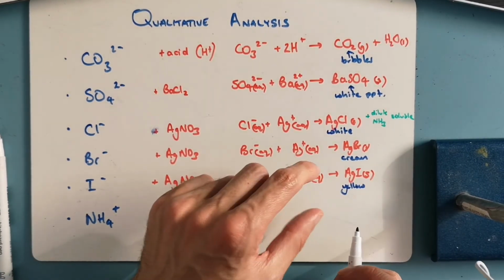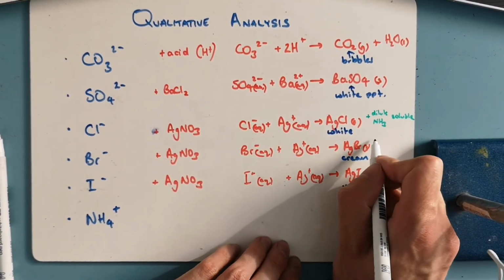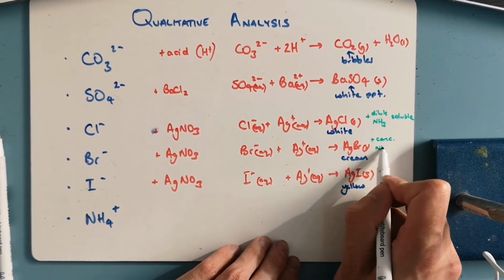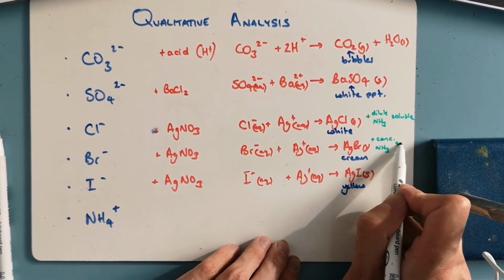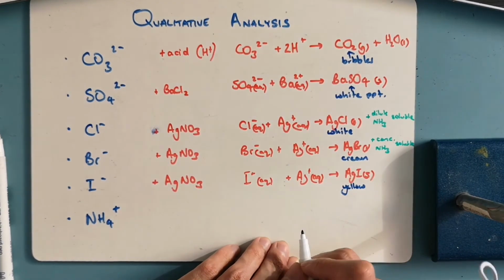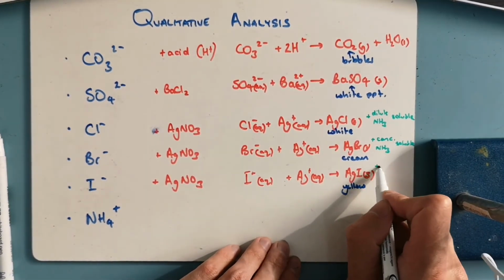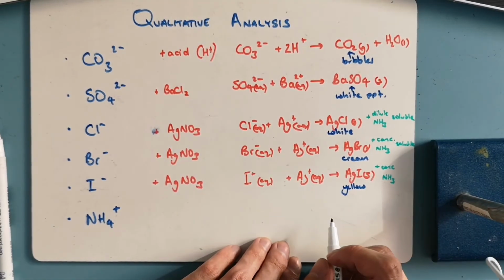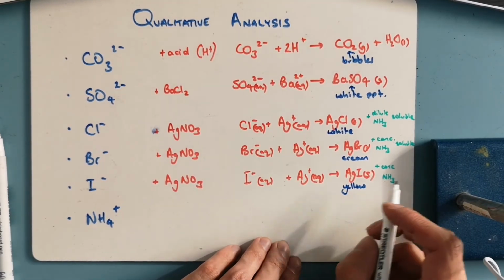The silver bromide and the silver iodide won't. To get the silver bromide to dissolve, we add concentrated NH3, and then it becomes soluble. It'll dissolve in that.